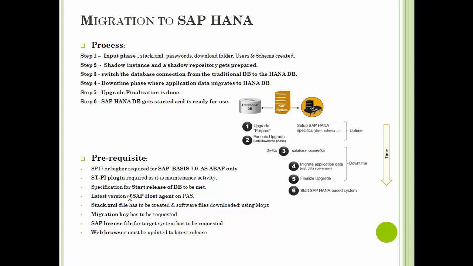Say, for example, minimum release for an Oracle database is 10.2 and minimal release for DB6 database is 9.1, and similarly for MaxDB it is 7.8, and for MS SQL it is 2008, and for Sybase it should be 15.7. So with these start releases, we are good to use the DMO procedure for moving the solution to SAP HANA.